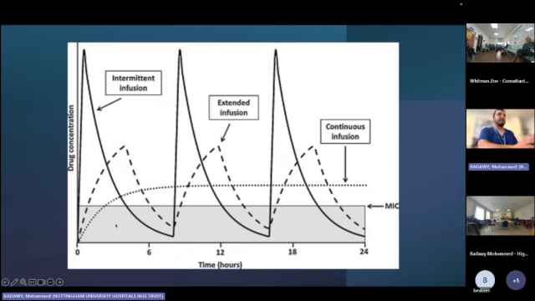If you give extended infusion, like over a couple of hours or so, the time above the MIC will be a little bit longer. And theoretically, if you give extended or continuous infusion, the time above the MIC will be much, much longer.